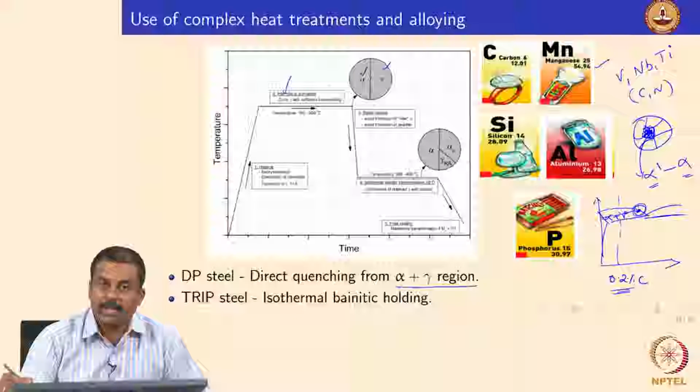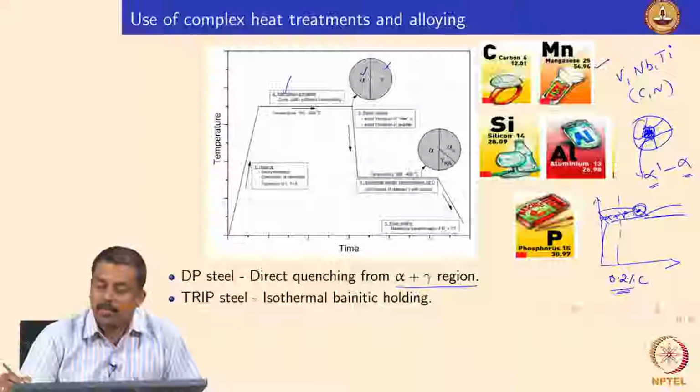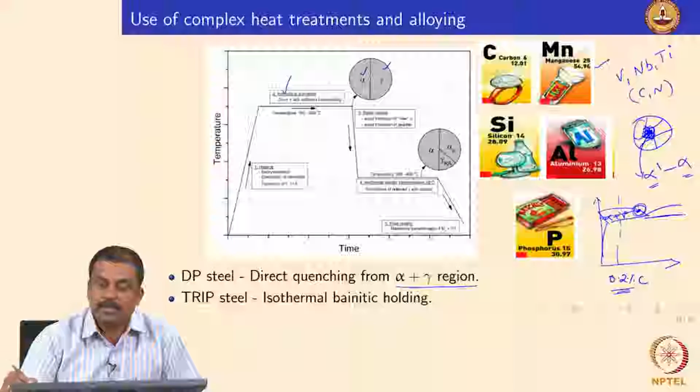These precipitates are very effective in providing precipitation hardening in dual phase steels. Steels with strength levels of more than 600 megapascal would invariably have some amount of precipitation hardening in them.